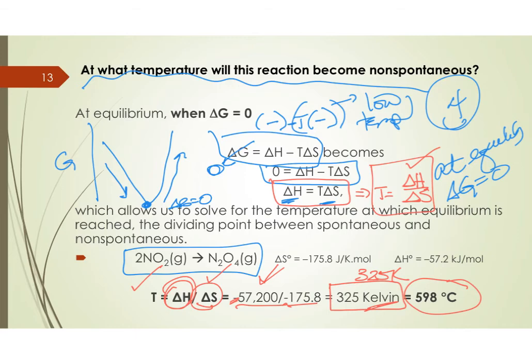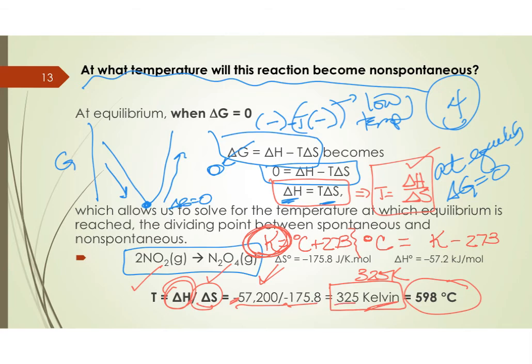Just to remind you that degrees Celsius is Kelvin minus 273. Some of you are used to seeing the equation written in terms of Kelvin. So if we rearrange that equation, Kelvin equals degrees Celsius plus 273. The bottom line here is to remember that the Kelvin value of temperature will always be higher.